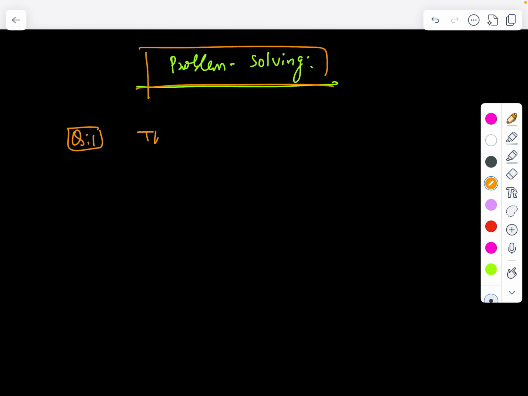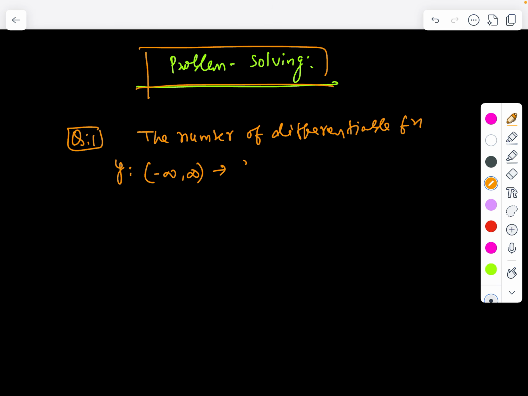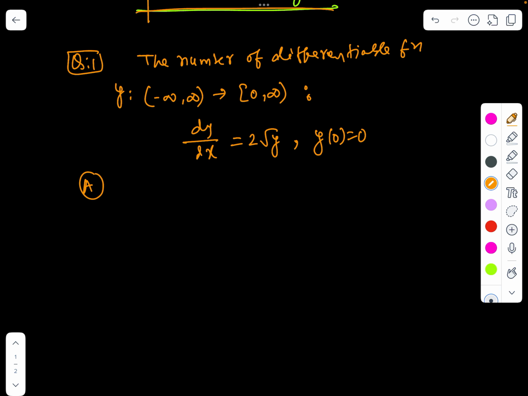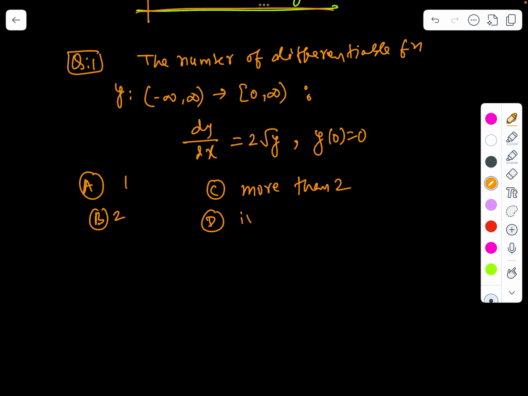You have to find the number of differentiable functions y, which map from minus infinity to infinity into 0 to infinity, such that dy by dx equals 2 root y and y(0) is 0. Option A is exactly one function, option B is 2, option C more than 2, and option D infinitely many.